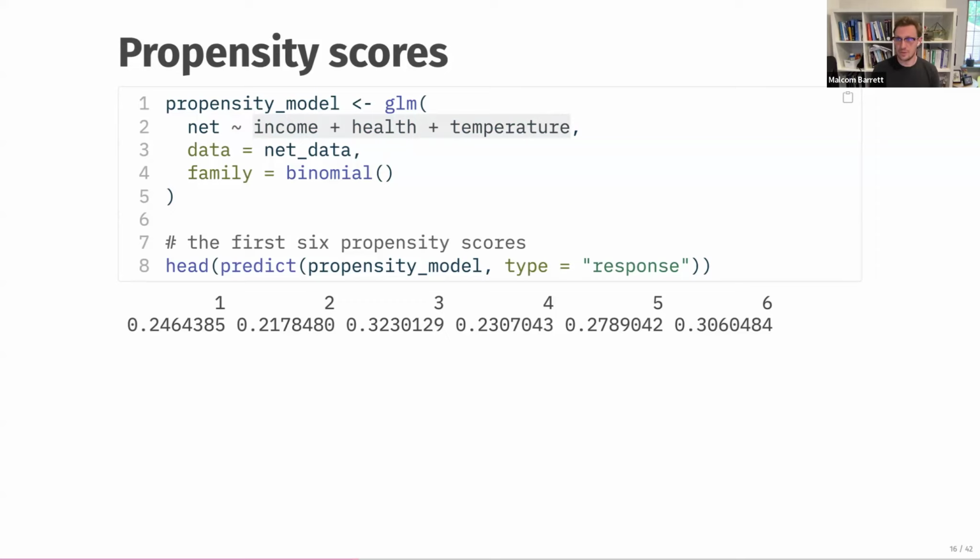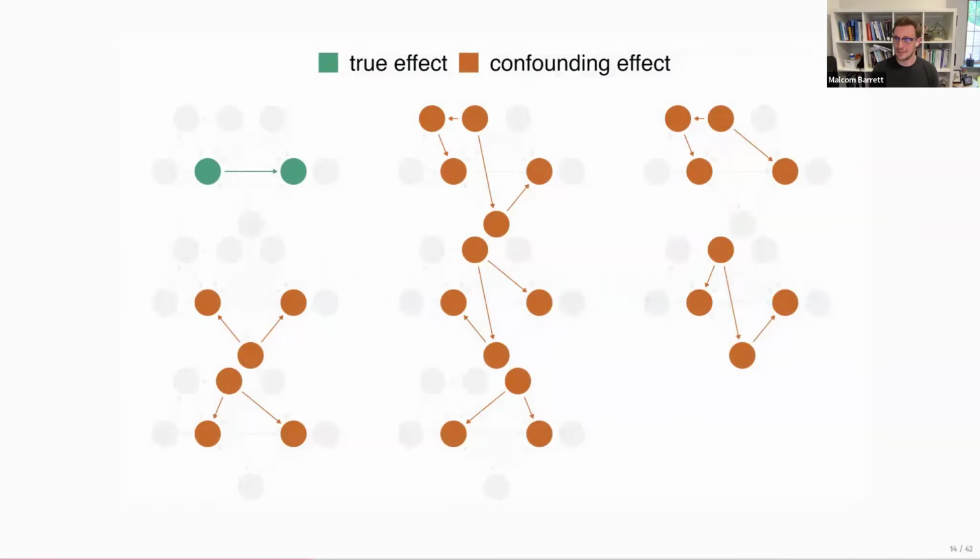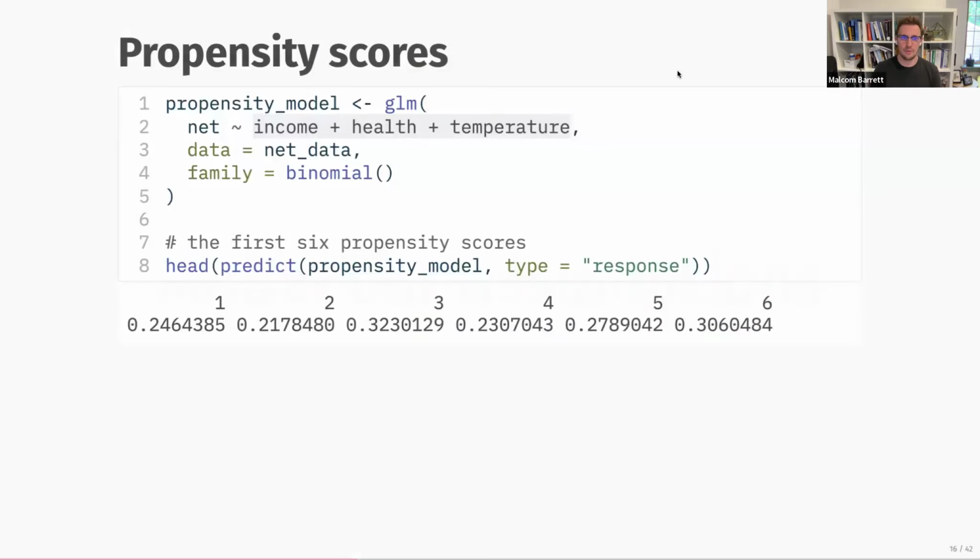And controlling for them does what we would call blocking these pathways that are confounding effects. Sometimes they're called backdoor effects or backdoor pathways. And so controlling for these three variables, if that diagram is correct, will give us an unbiased effect estimate.